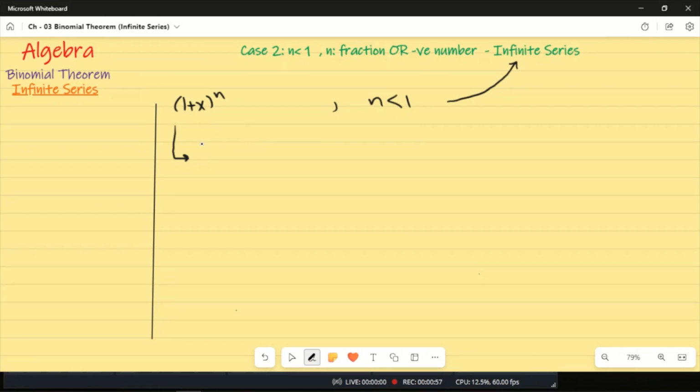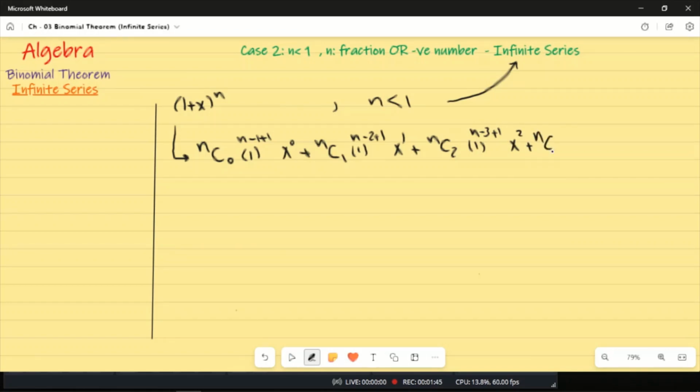The first term here is n combination 0, 1 power n minus 0, and here x power 0 as we did before, plus n combination 1, here 1 power n minus 1, x power 1, plus n combination 2, 1 power n minus 2, x squared, plus n combination 3, 1 power n minus 3, here we have cubic x.